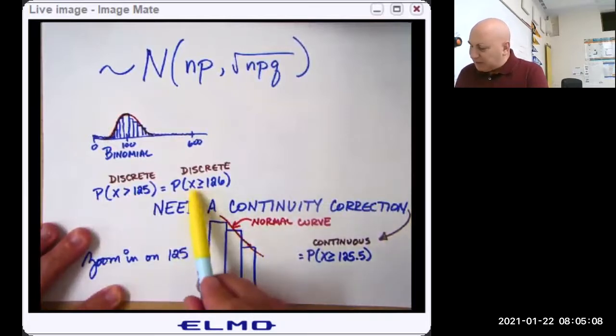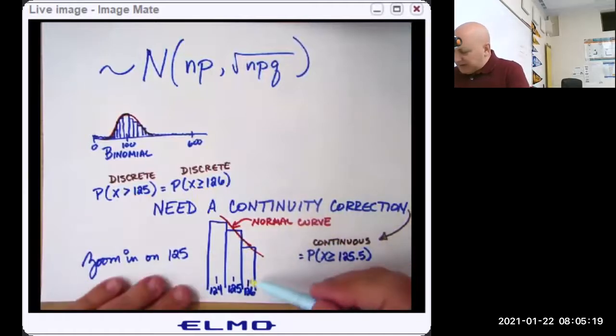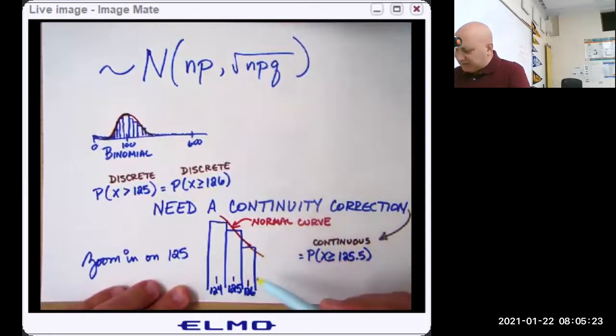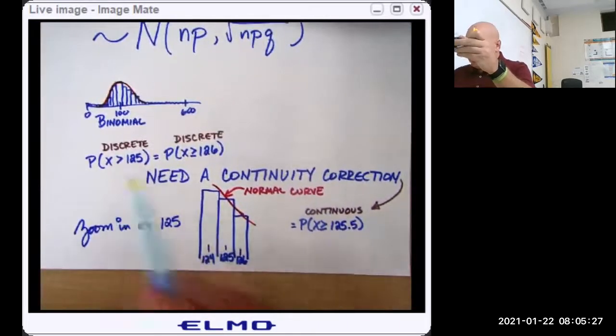So if I wanted the probability that X is greater than or equal to 126, you see how this rectangle right here, I'd only be getting half of that rectangle if I did X equals 126. So I'm going to zoom in on the 125 here.